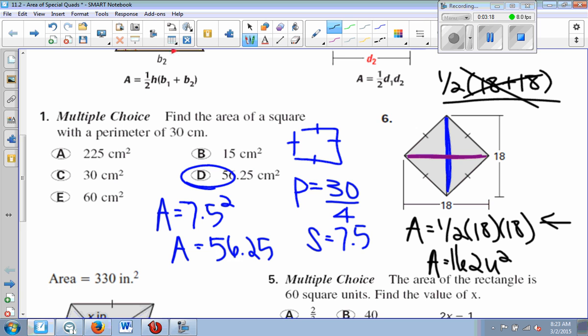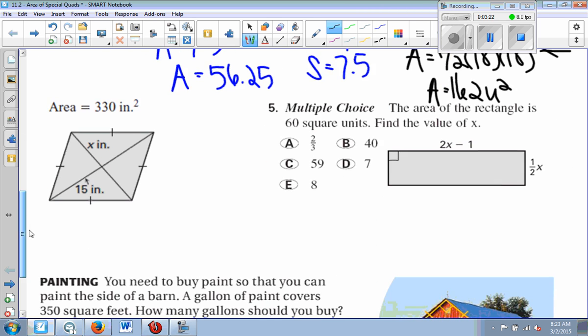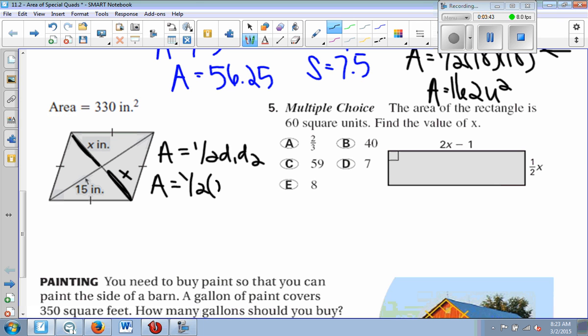In the next problem, you're given the area of a rhombus. Again, I know it's a rhombus because I've got 4 equal sides. So if the area is 330, all we're going to do is plug in what we know. So I know that this portion of the diagonal is x, so this portion has to be the exact same. And I know this portion is 15, so this portion has to be the exact same.